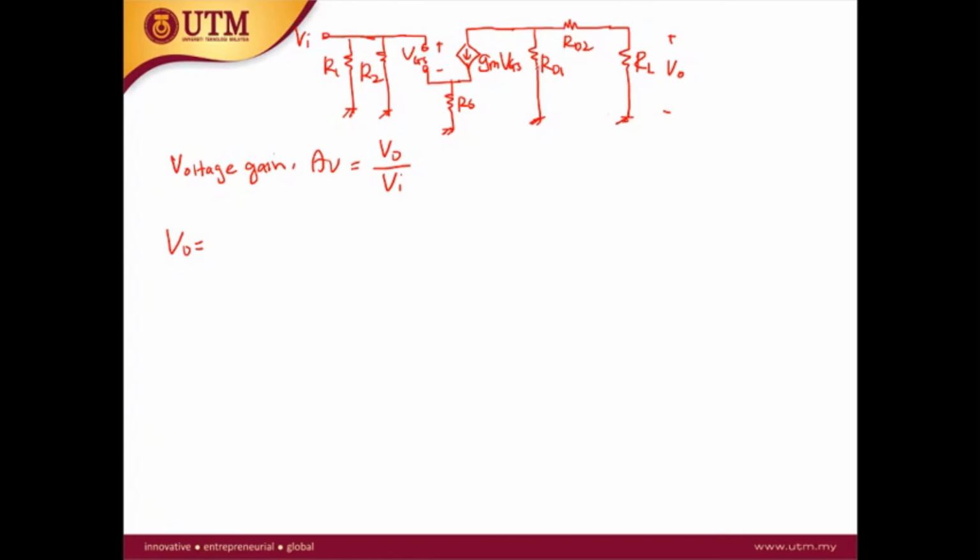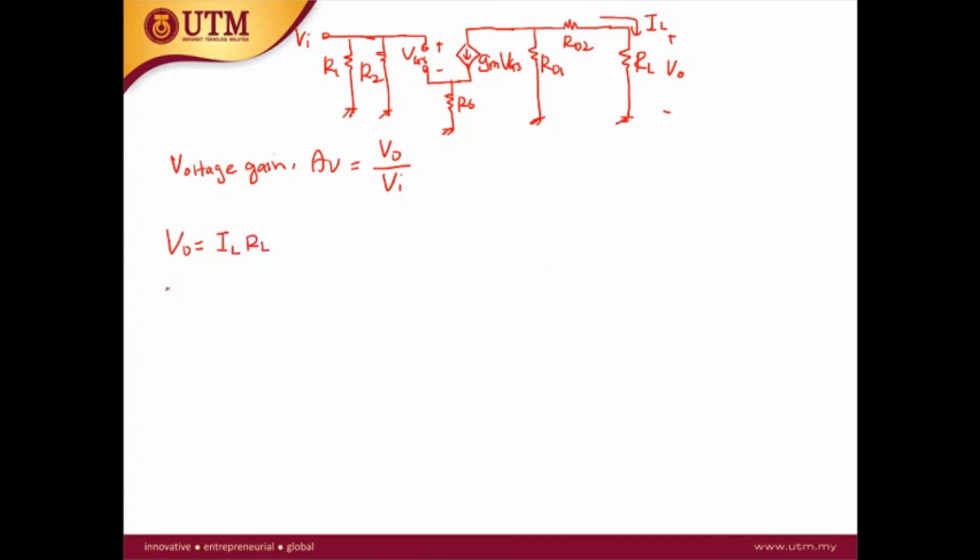V out here is the voltage drop at the RL. Since we have the RD2 here, there will be a division between the RD2 and RL. Let's say I denote the current here as IL. So V out is IL RL.